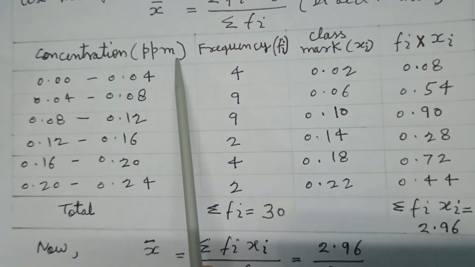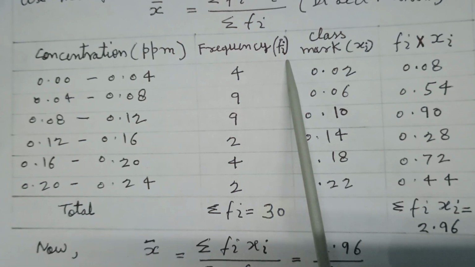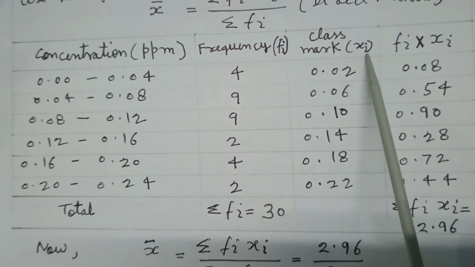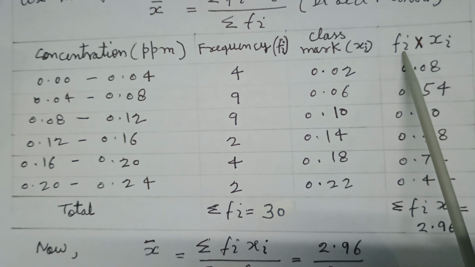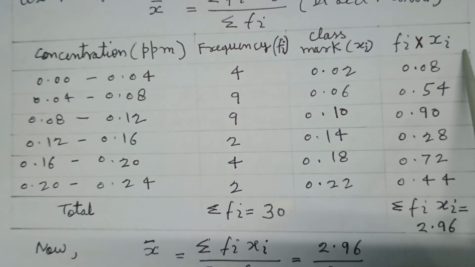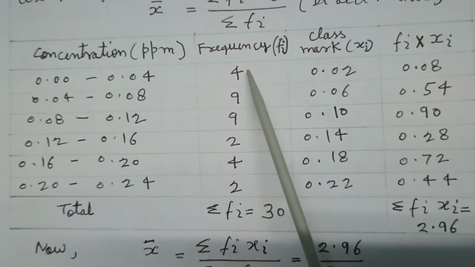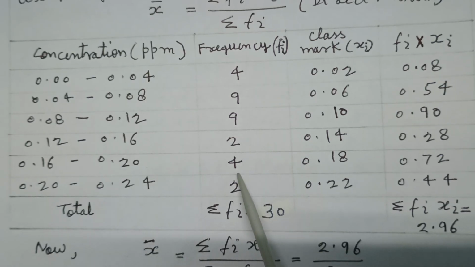Now, concentration in ppm, frequency fi, class mark xi, and fi multiplied by xi. This is known as the class and this is the frequency given in the question.